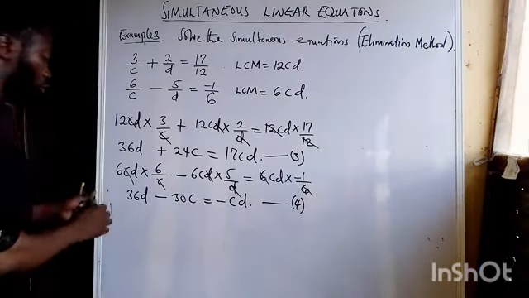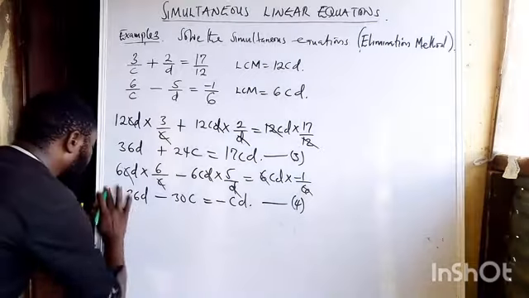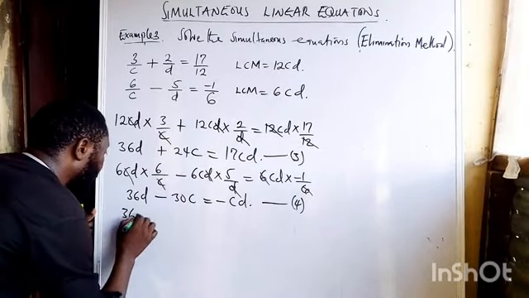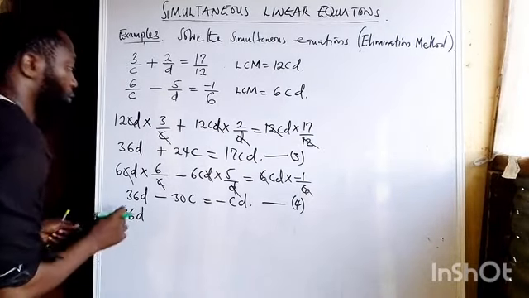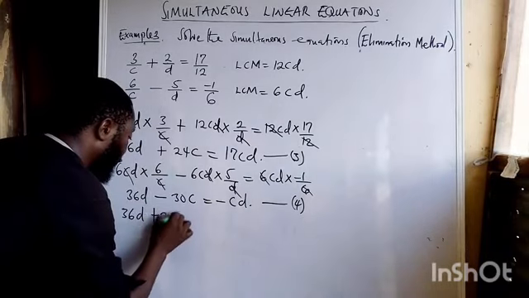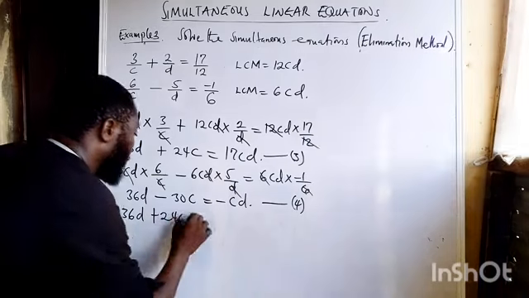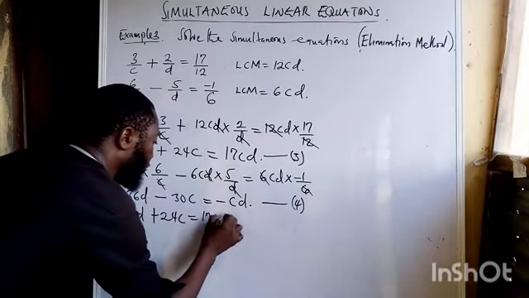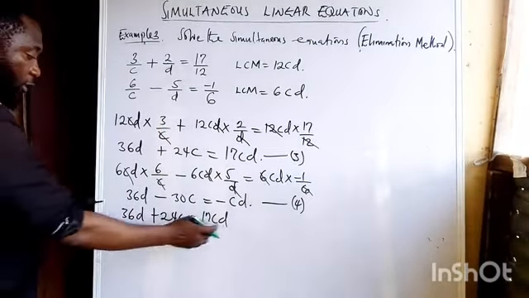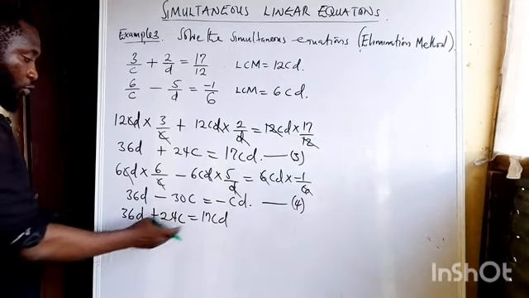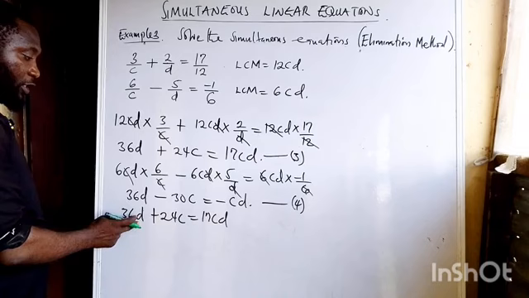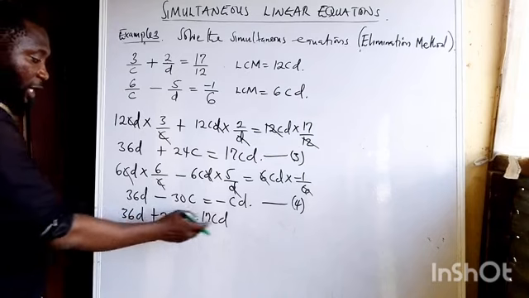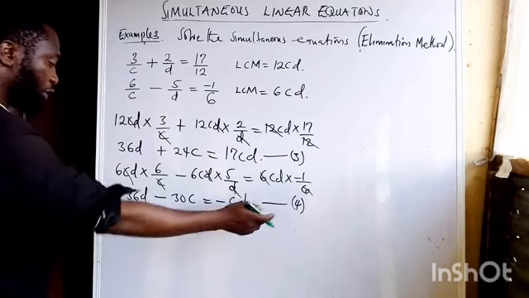So now we have the first equation: 36D plus 24C equals 17CD, right? Now let's collect the like terms. By the time we collect, we want to make D subject. I remove the D terms together so that C will be on the other side.